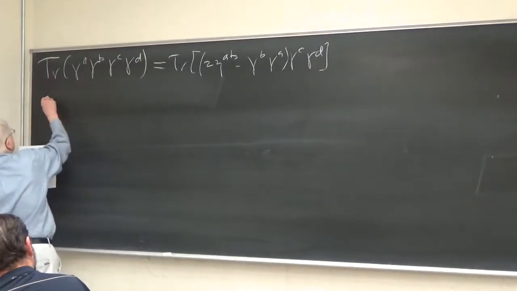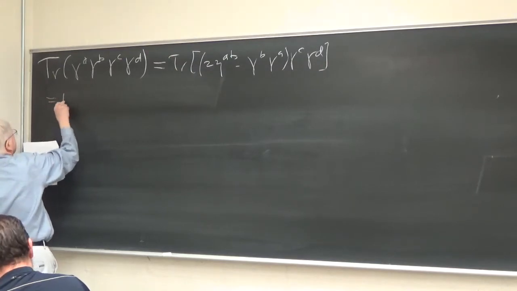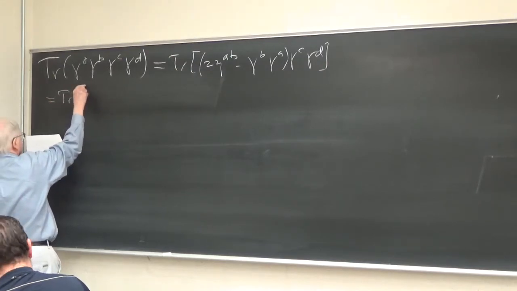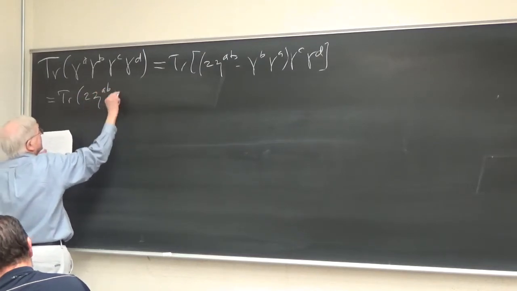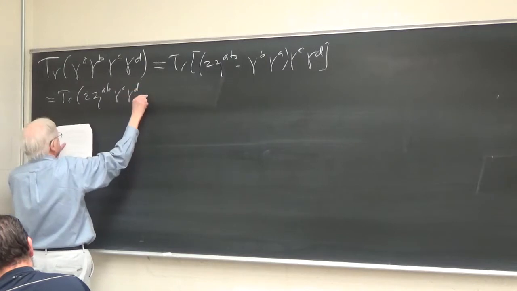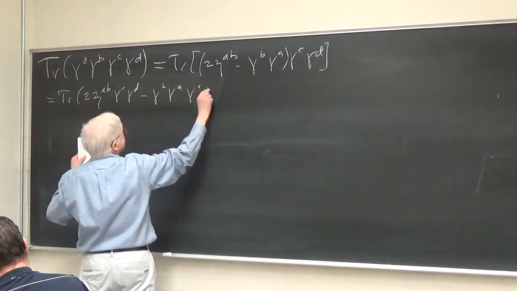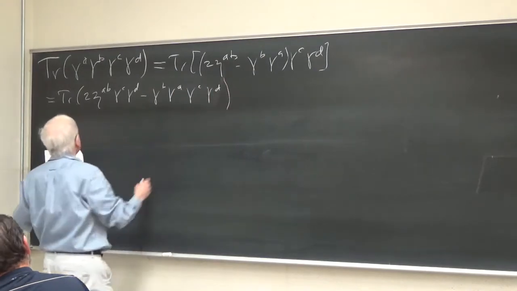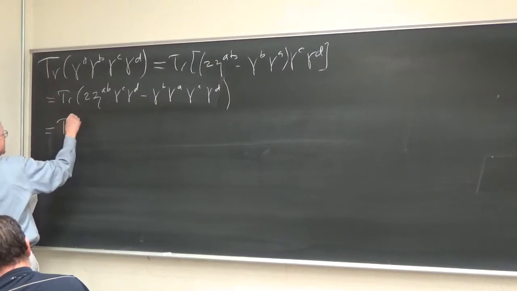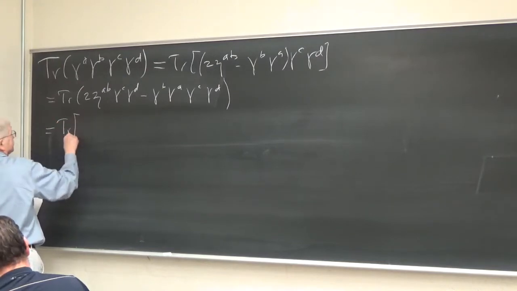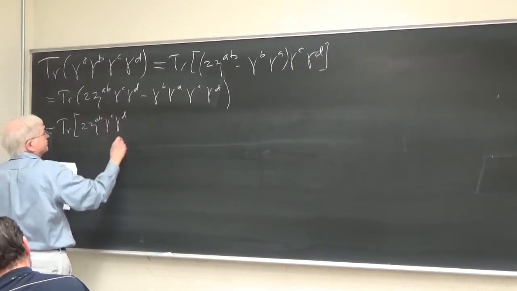And we can say that that's then the same thing as trace of 2η_AB γ_C γ_D minus γ_B γ_A γ_C γ_D. So we're going to keep this term, 2η_AB γ_C γ_D.